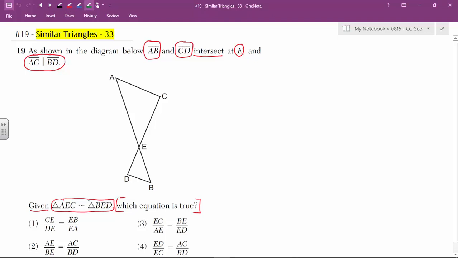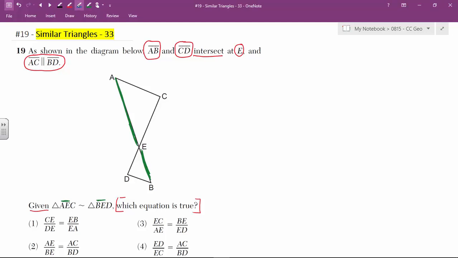And with similarity, I'm just going to erase so you can see clearly. Corresponding parts are the things that we're interested in. So the first two letters of the first triangle, AE, that side, we know that side has to match the first two letters of the other one, BE.